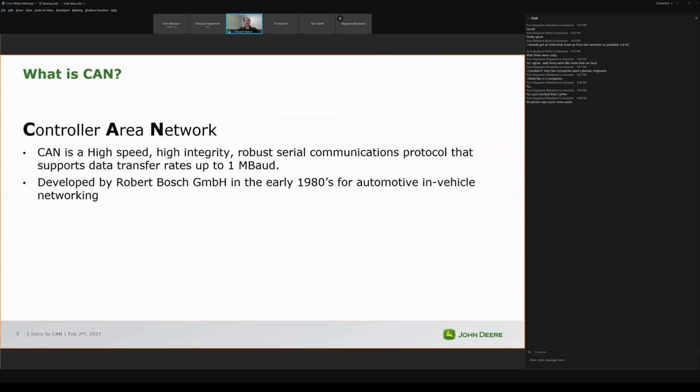It's also a robust communication protocol, which really helps us. It was originally developed by Robert Bosch in the early 1980s for the automotive industry, but then the agricultural industry adapted it, and other industries like construction and forestry also picked it up.